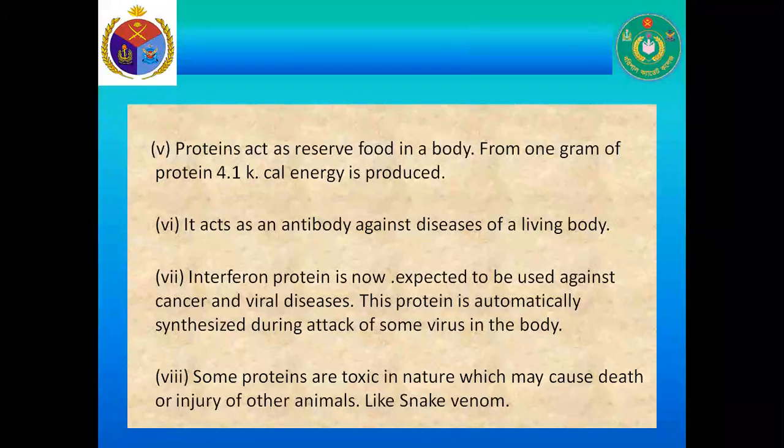This protein is automatically synthesized during attacks of some viruses in the body. Lastly, some proteins are toxic in nature, which may cause death or injury to other animals. Snake venom is an example of this protein.